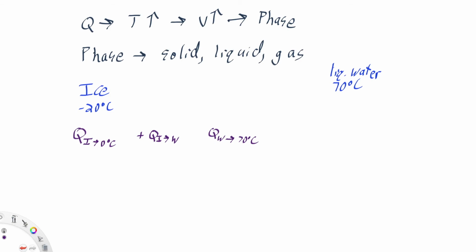So the specific heat of ice, like solid ice, is only about two. I better look it up. Yeah, it's two.